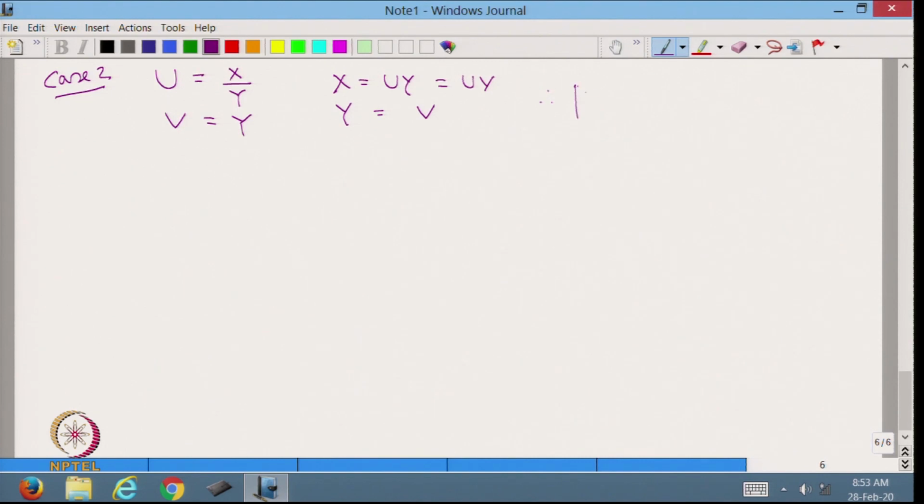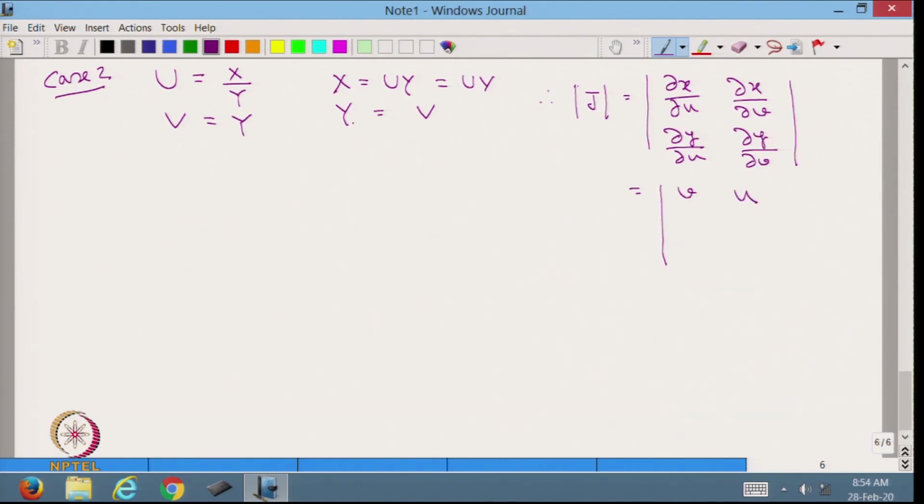Therefore, Jacobian is equal to determinant of del x del u, del x del v, del y del u, del y del v, where del x del u is equal to v, del x del v is equal to u, del y del u is equal to 0 and this is 1.